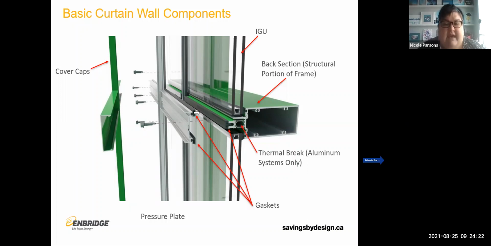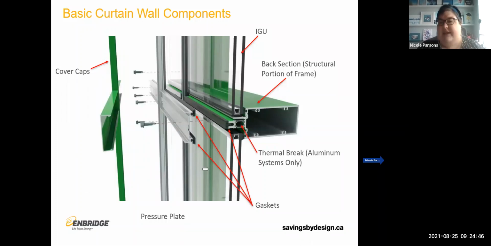And then, as we're working out, we have gaskets. These are meant to help control water and air leakage. We have a pressure plate, which is screwed into the frame. So the glass is sandwiched between the interior frame portion and this outside plate that gets screwed on with gaskets so that it's sandwiched in place there.